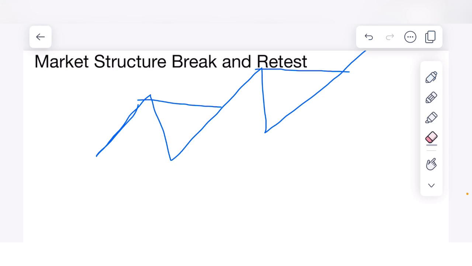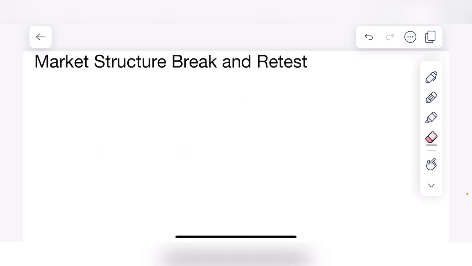So what we will do for this strategy is mark the highest swing point in a bullish market. Let's take an example.